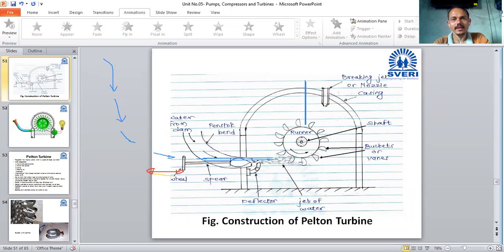So here available energy at the turbine is in the form of only kinetic energy. For that purpose, now listen carefully, we call this turbine as impulse turbine.